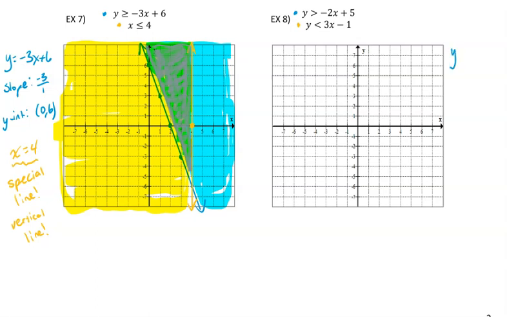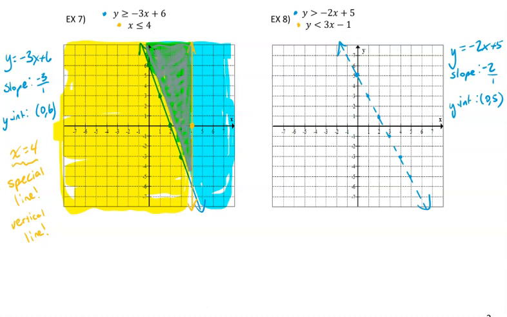So if we graph y equals negative 2x plus 5, that is going to have a slope of negative 2 over 1 and a y-intercept of (0, 5). So we're going to start up at 5, go down 2 over 1, over and over, and then let's draw the line through that.